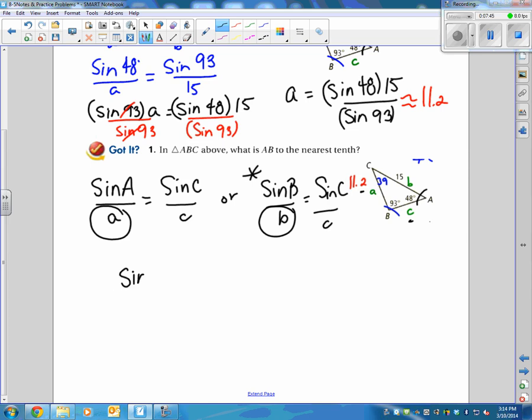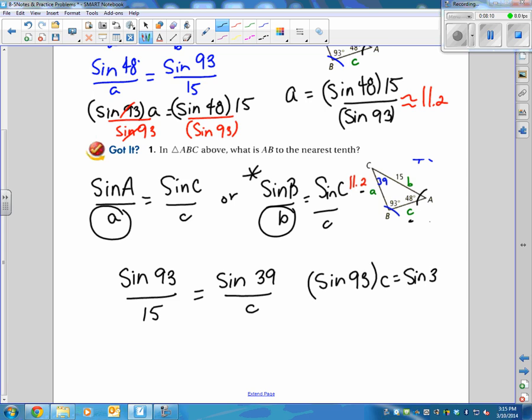So I will say that the sine of B, which is 93, over B, which is 15, equals the sine of C, which we were told earlier was 39, over C, which is the missing side. I'll cross multiply and get the sine of 93 times C equals the sine of 39 times 15.